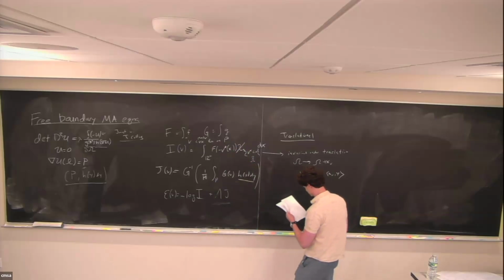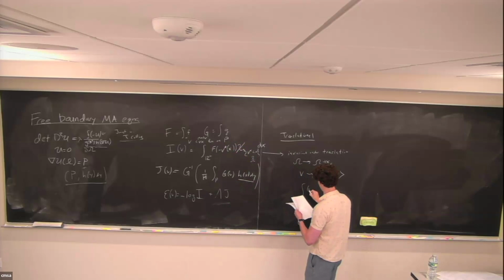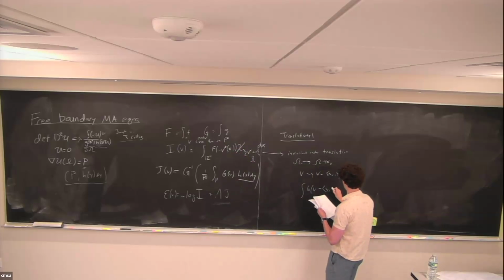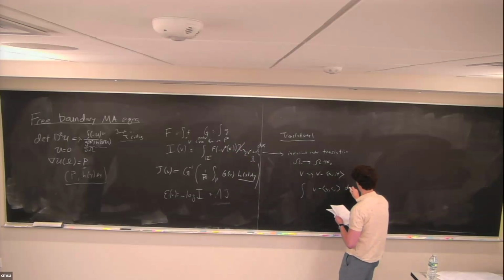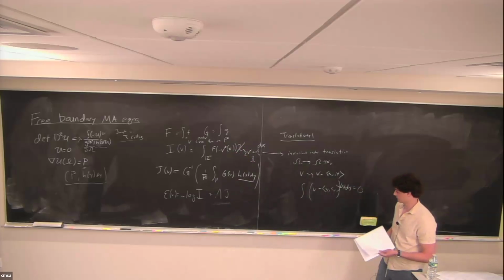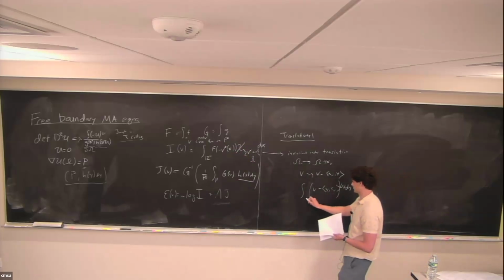So what that tells you here is that this integral of g of v minus y x naught, and let's do the case here where g is just the identity, dy h of y dy. This must vanish for all points x naught that are admissible. And this is the barycenter condition.